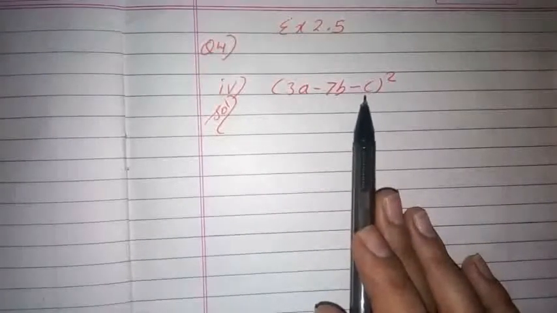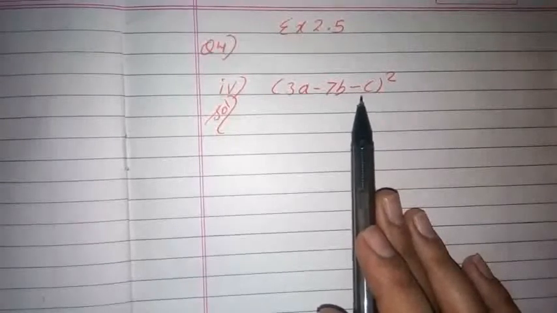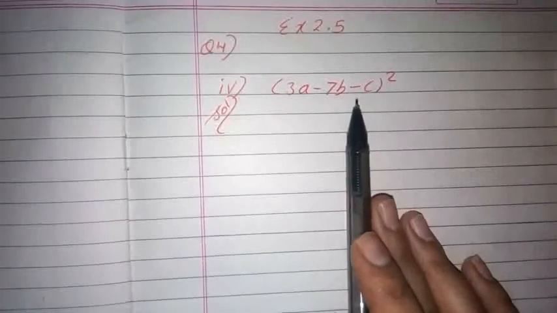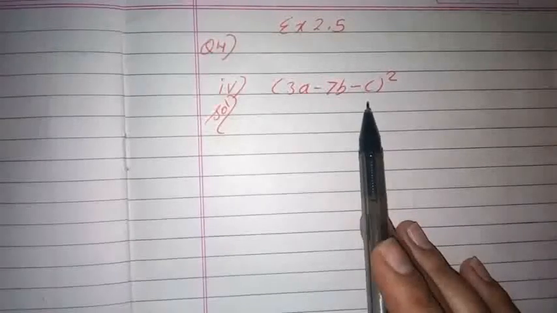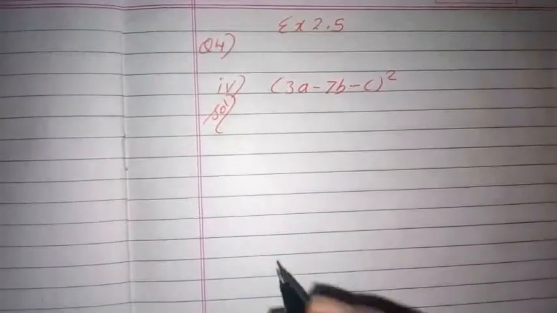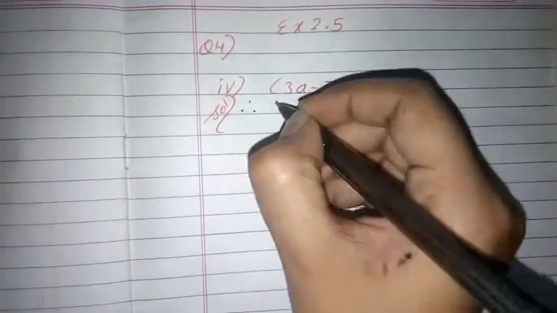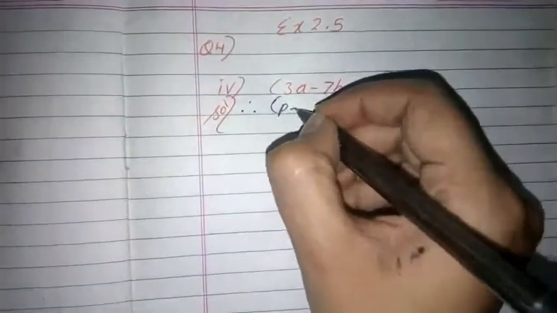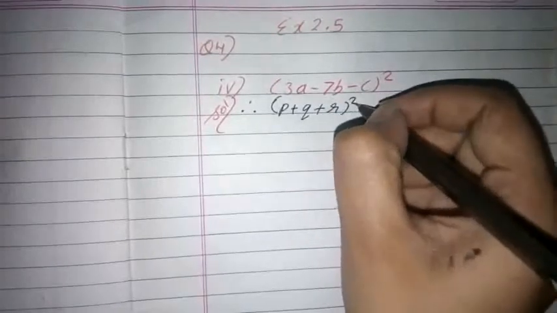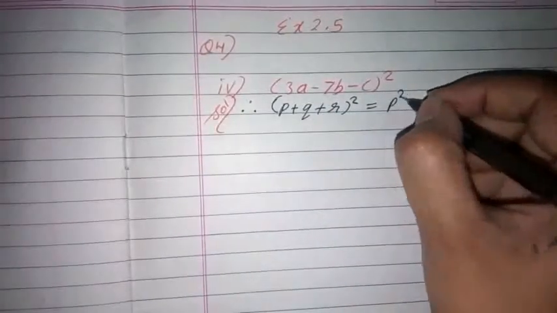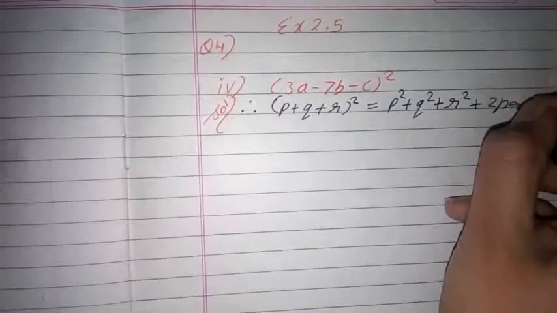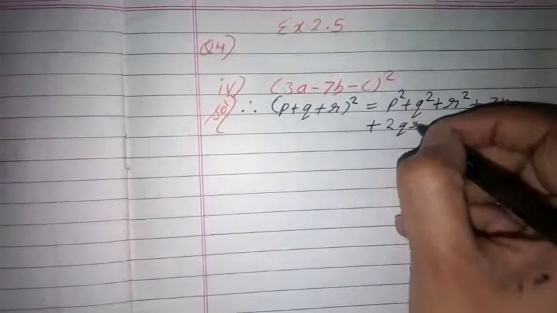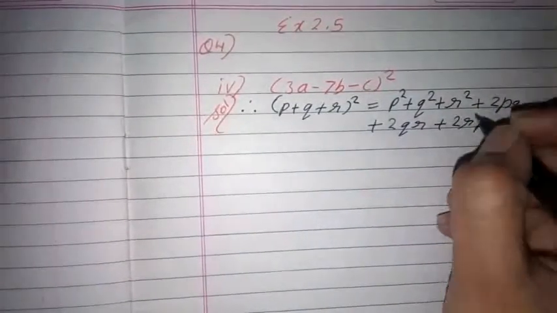So we will use the same identity which we used in the first three parts, which is the whole square of p plus q plus r is equal to p square plus q square plus r square plus 2pq plus 2qr plus 2rp.